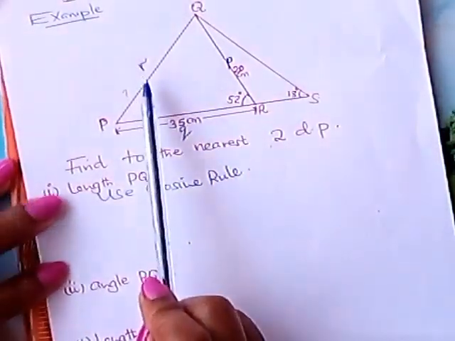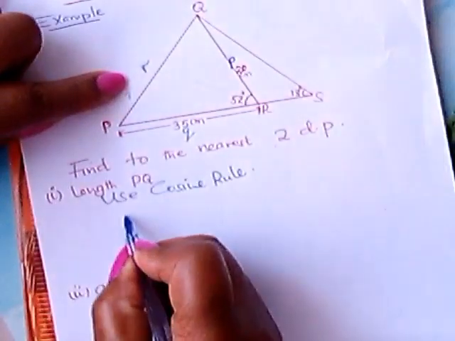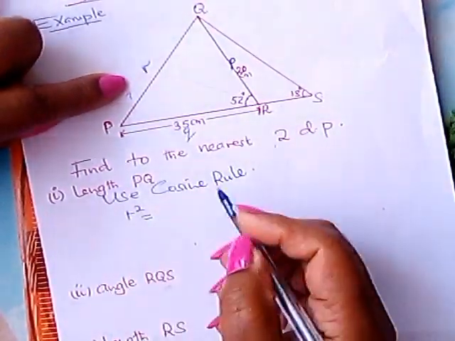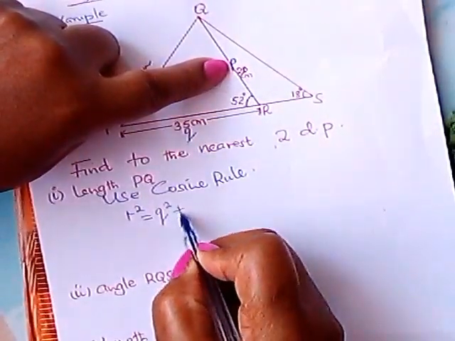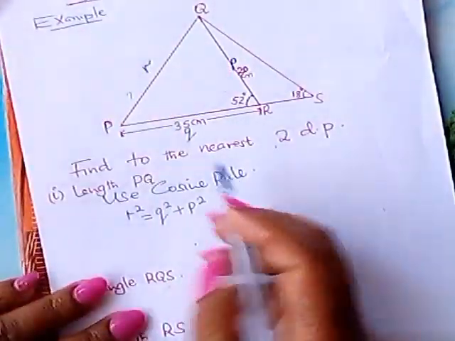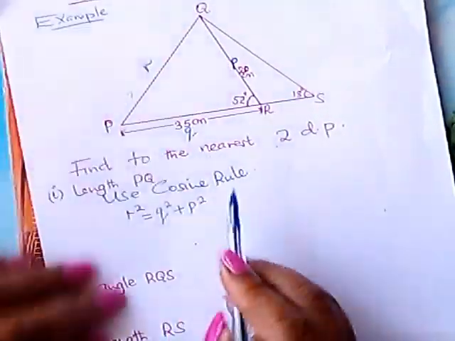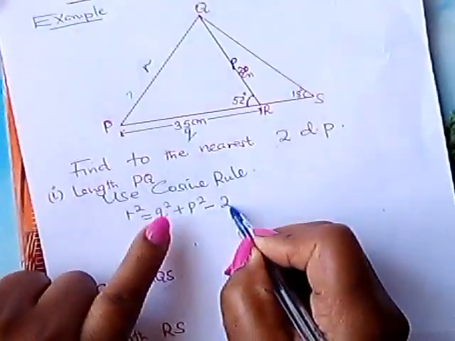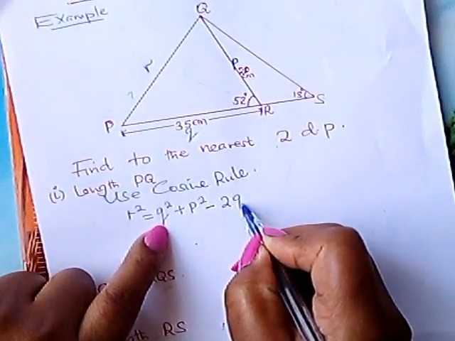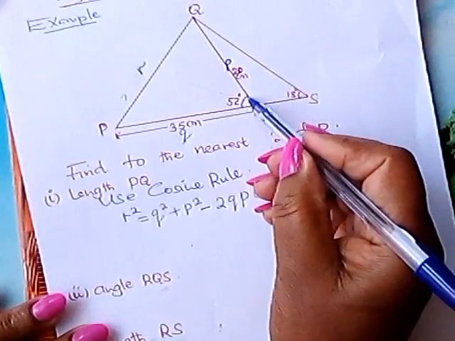From there, learner, we want to use cosine rule to get r. So you start with this side that you want. r squared is equal to q squared, one side squared, plus p squared, the other side squared, minus 2qp cos of angle r.